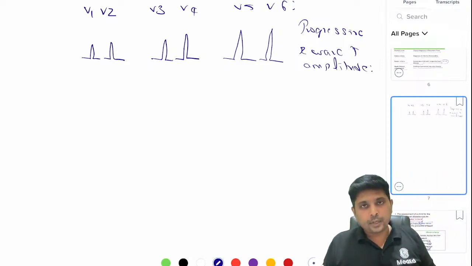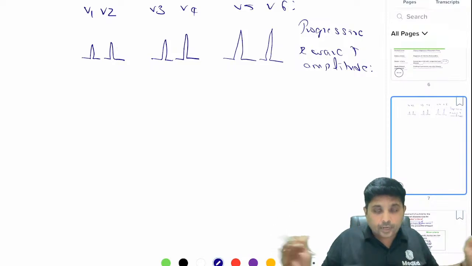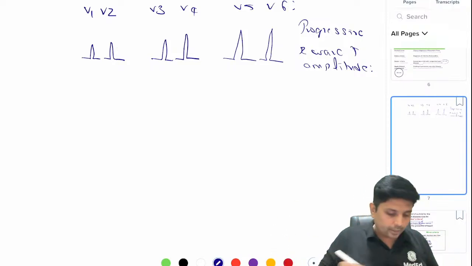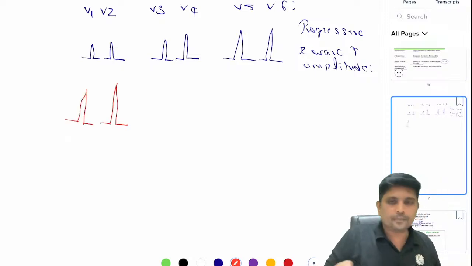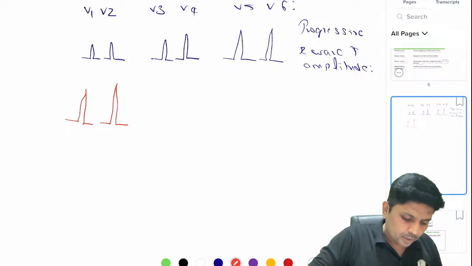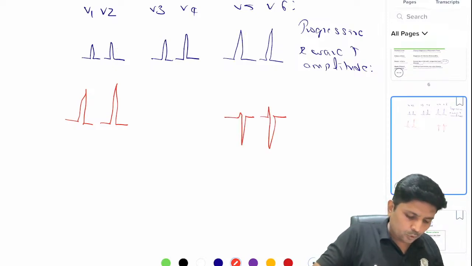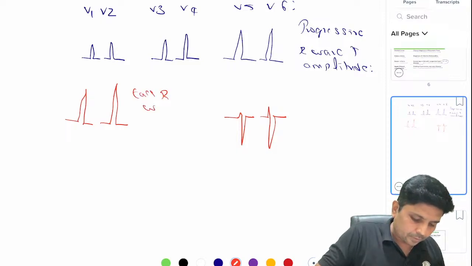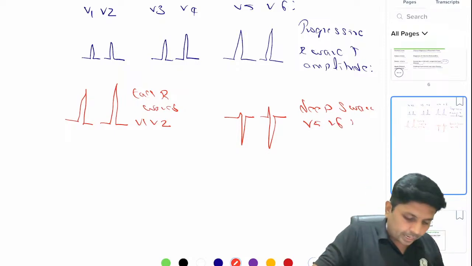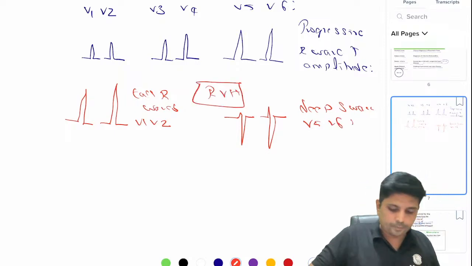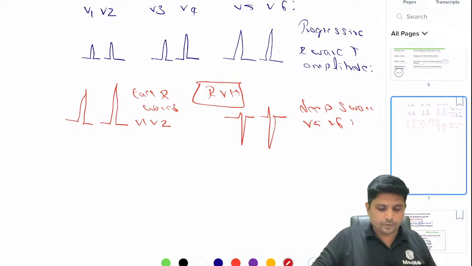But what will happen in case of right ventricular hypertrophy? You will have a tall R wave in V1 and V2, which is unlikely normally, and deep S waves in V5 and V6. This means right ventricular hypertrophy.